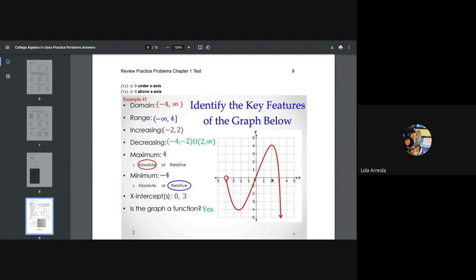Well, it's at x equals 2, but the value is 4. My minimum is relative. Why is it relative? Notice I have an arrow here. What does that mean? That I have even lower values than negative. My graph is going to extend lower than -4. Make sense? Here, let me draw it.